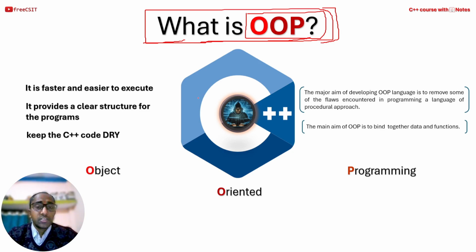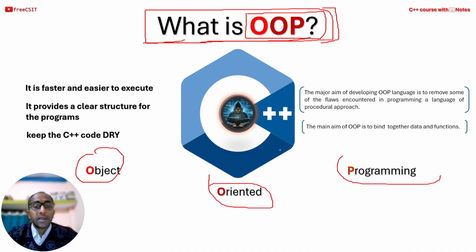I have written some definitions. First of all, it stands for object-oriented programming. It is very fast and easy to execute. I have already told you, OOP is considered a development of high level languages.